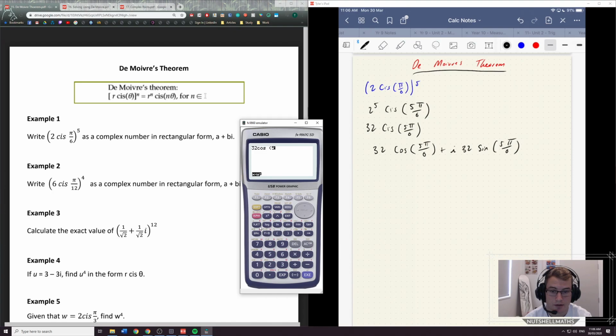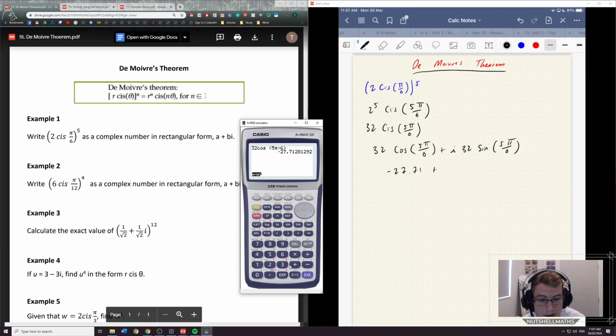Cos 5 pi by 6, we get minus 27.71 plus, well, I'm just assuming plus, but it might not be plus, 32 sine 5 pi by 6. It is plus 16i. And that's our answer. Kate's here as well. Good.